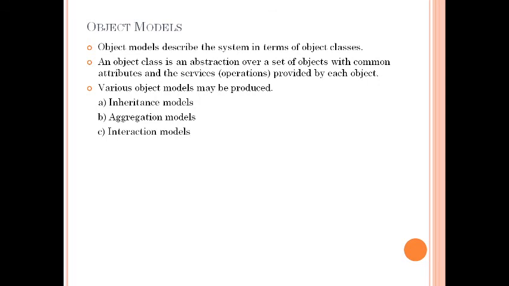Then only can we create the requirements of a complete system. These object classes reflect domain entities and are reusable across different systems. This is how an object model can be used for requirement and specification.